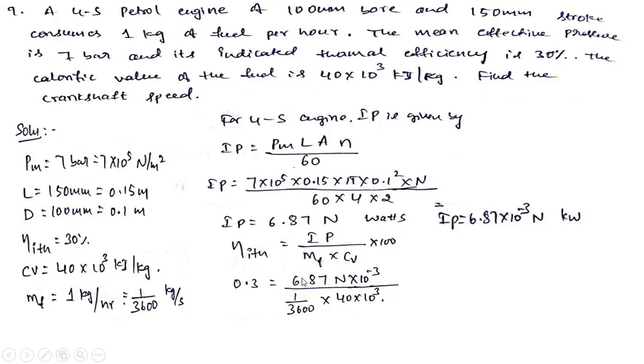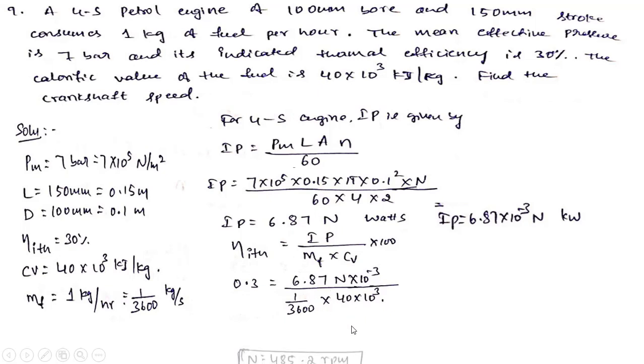Since it is in kilojoule, I have to substitute IP in kilowatts. So please be careful in which unit they have given the calorific value. Based on that you need to substitute, otherwise you can convert if you want.